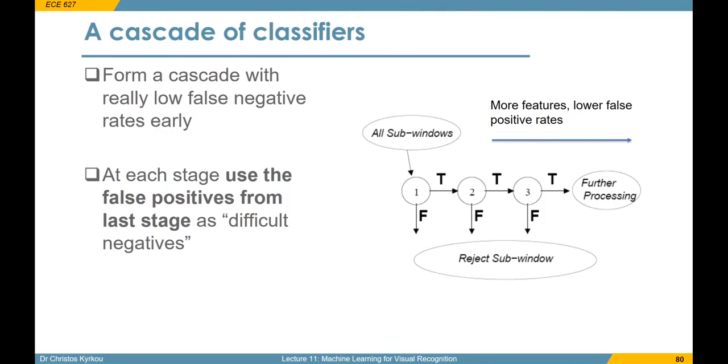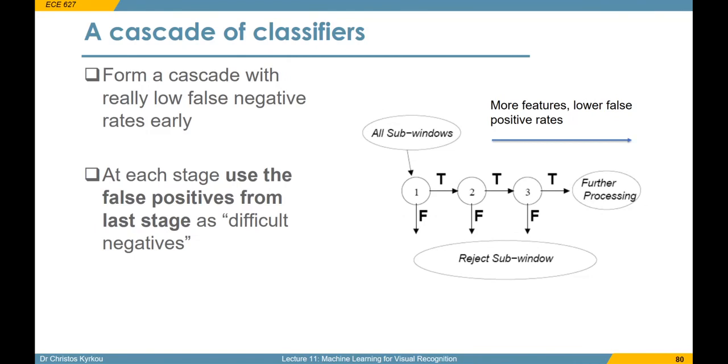Each stage is made up of Haar features, but as we increase the number of stages, we allow for more Haar features to be used in that stage. That makes the later stages much more accurate, but it makes the early stages much faster, even though they're not that accurate.